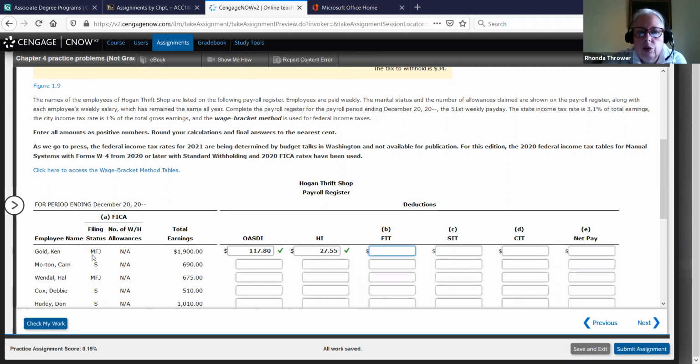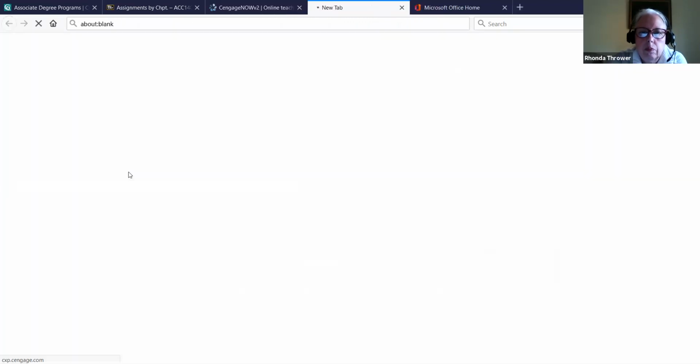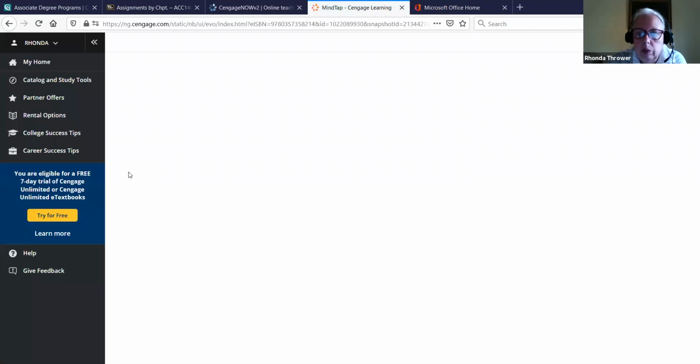We're going to use the standard withholding for the 2020 rates for this wage bracket method. So I'm going to click on the link to bring up the tables.